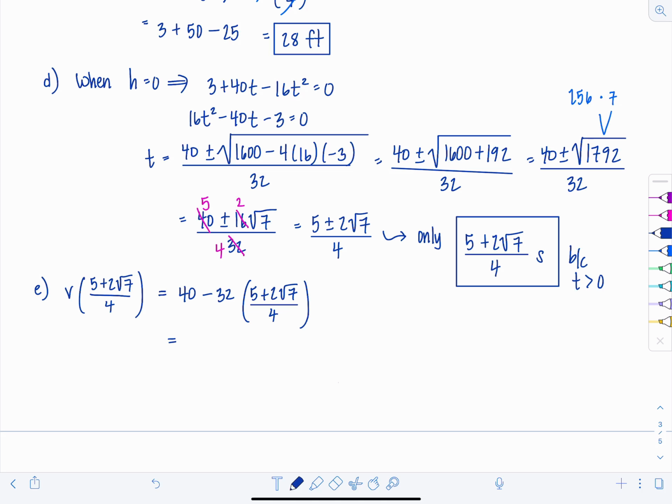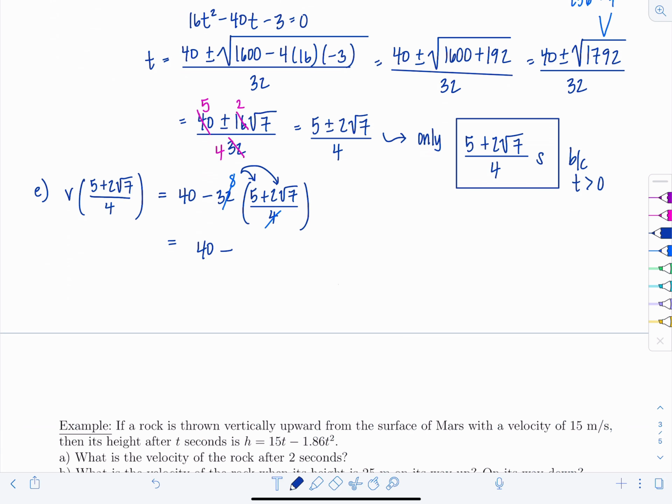Okay, if you want to clean this up, so this is going to be 8, right? So we've got 40 minus, and then if I distribute that 8, it's going to be negative 40 minus 16 rad 7. Ooh. So then these cancel.